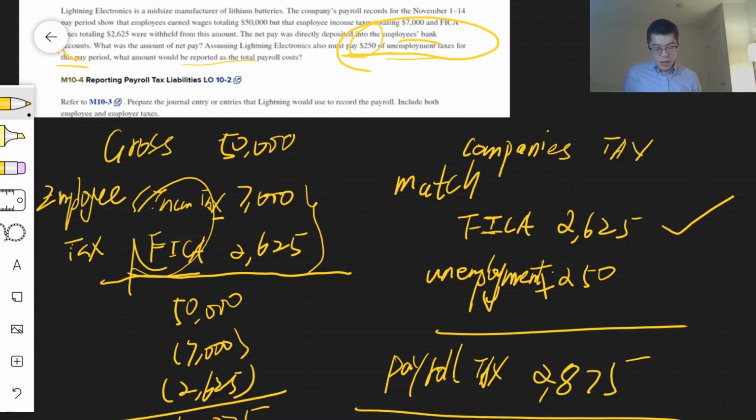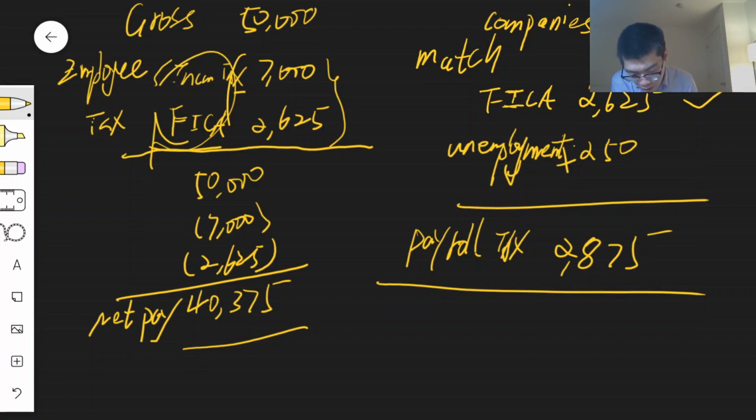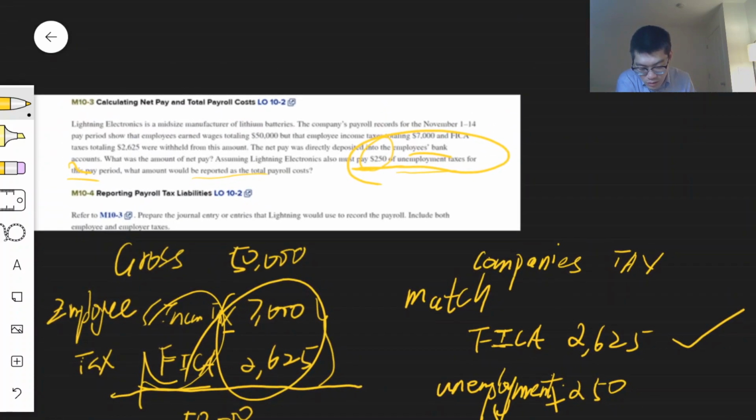So that is the company's payroll taxes, and that will be the employee's tax.